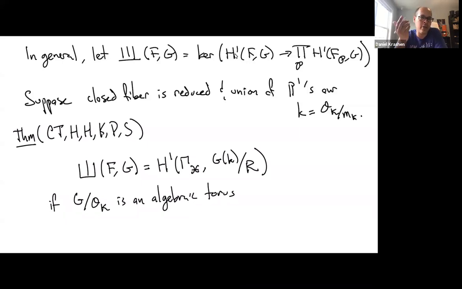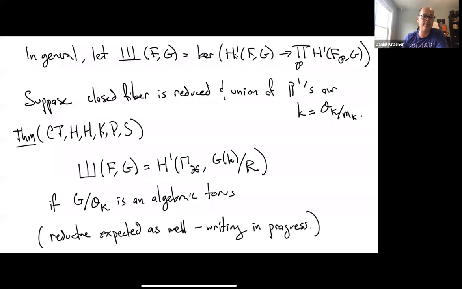The locally trivial but not globally trivial torsors exactly correspond to the combinatorial, topological H1, right? Just the H1 of the underlying graph, so to speak, with coefficients in G of K mod R in the case that G is an algebraic torus.